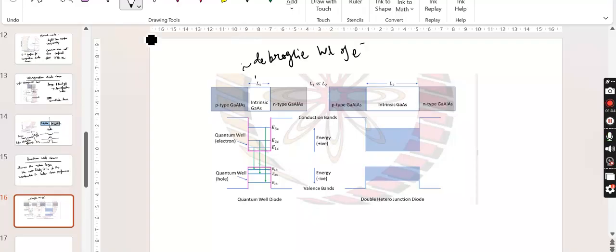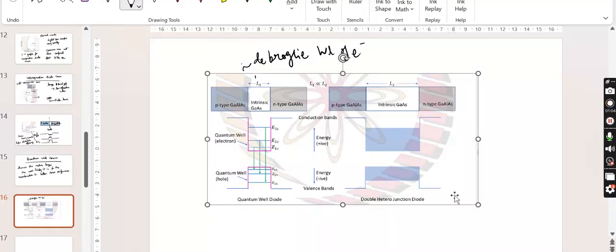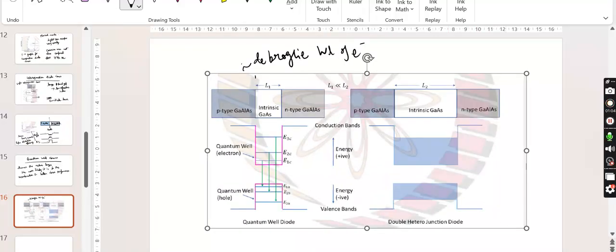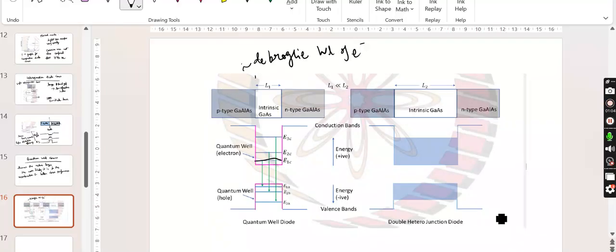So the direction is upside down, but here still, you can see the first level here E1C, this is for the electron, then E2C and E3C. Here the first level is E1H, and E3H is the highest level the hole can have.